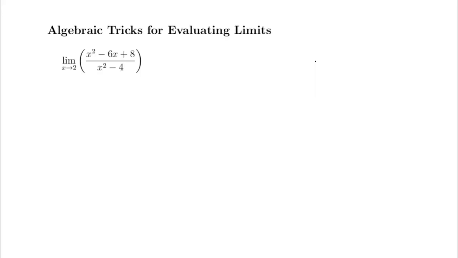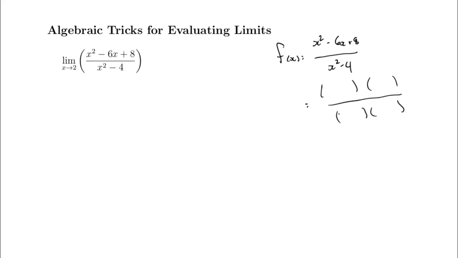All right, how does this actually help us? What we want to do is take a look at this function: x squared minus 6x plus 8 over x squared minus 4. Back in the days of our algebra courses, we'd probably just, as a knee-jerk reaction, factor everything on here, right? Factor the numerator, factor the denominator, and see what happens.